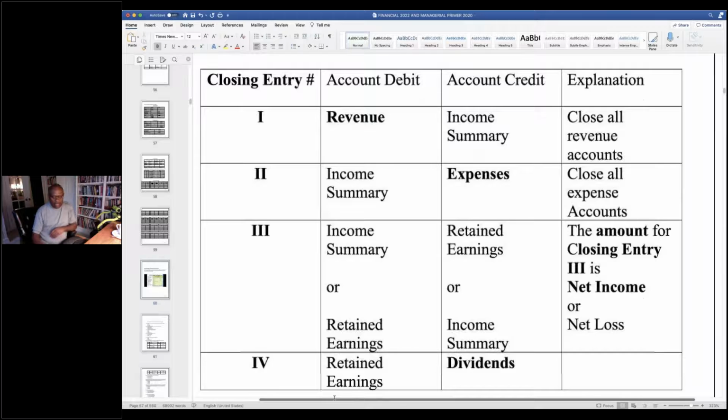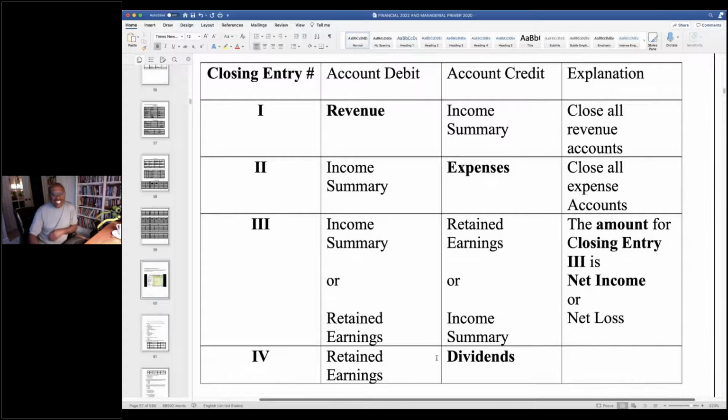There are four. We close out all the temporary accounts. Every account below retained earnings is temporary. So all the revenue accounts are closed out. All expense accounts are closed out. Then we close out the net income and loss. Then we close out dividends.